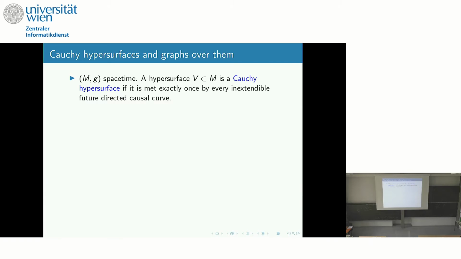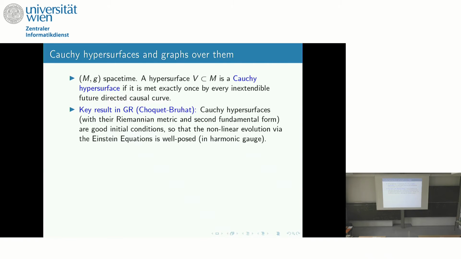This is a fundamental notion in general relativity. Indeed, Cauchy hypersurfaces are good initial conditions in order to study the evolution of the Einstein equations, by the celebrated result of Choquet-Bruhat.